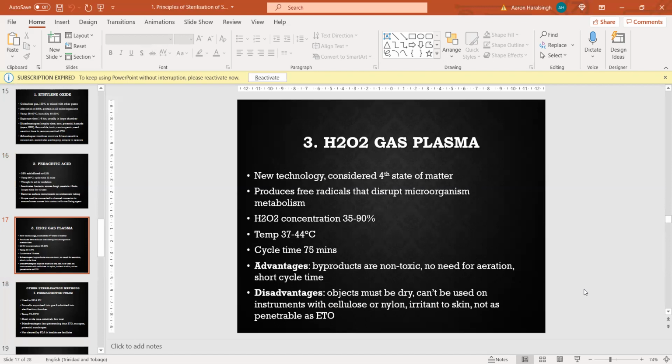It's good for that purpose because mesh is not heat resistant, nor is it moisture resistant, and dry heat temperatures would be too high. So it needs a low temperature, low moisture means of sterilization. And so gas sterilization is the most appropriate method to use for something like mesh.